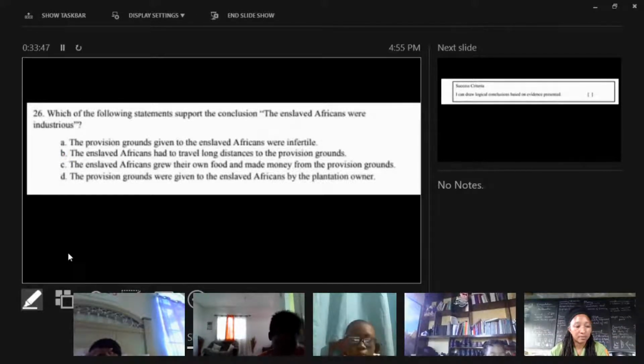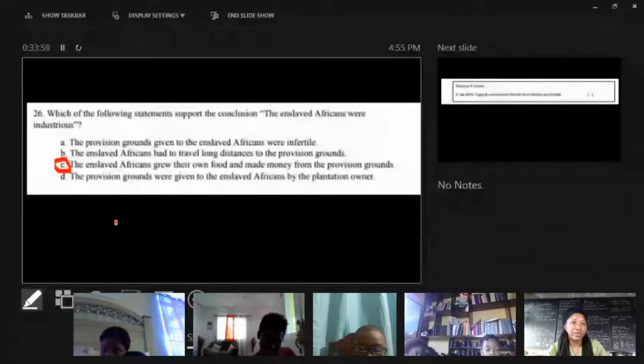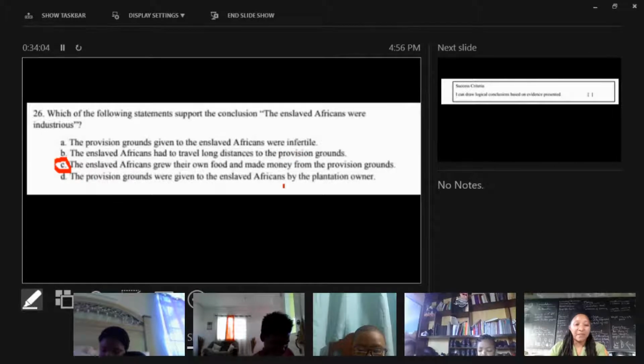The word industrious means hard work. Right, industrious means hard working. So they grew their own food and they made money from the provision grounds. That is indicative that they're industrious.